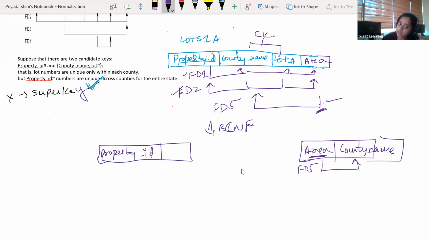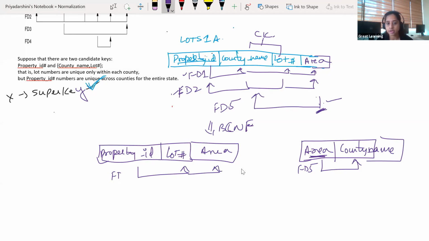If I remove county name, what will be the problem? According to the rule, it will be like this. If I maintain it like this, my FD1 I will have here. What about my FD2? I don't have a scenario for FD2.